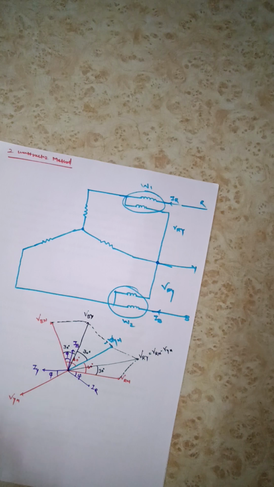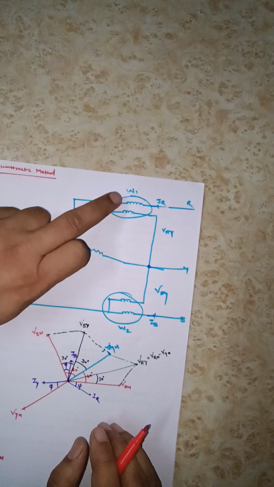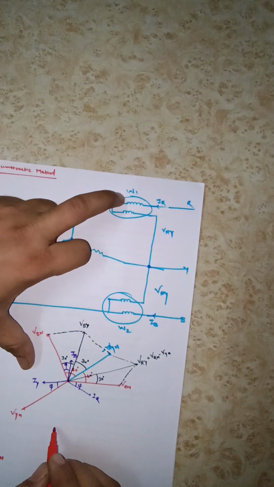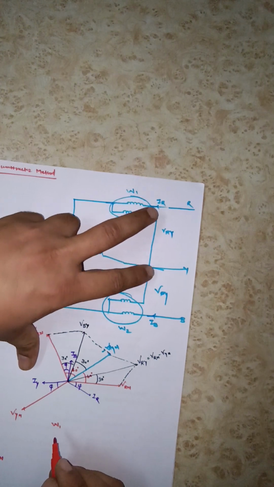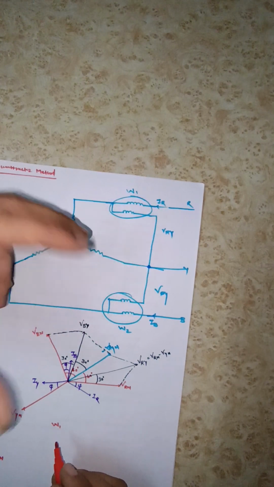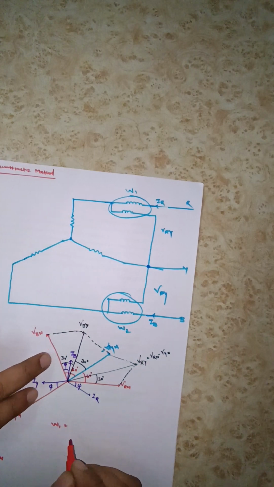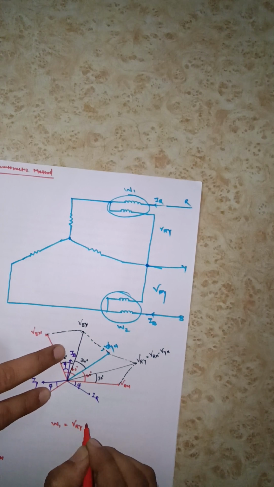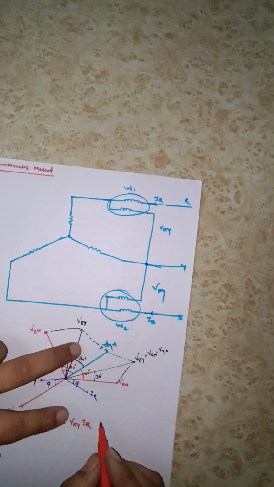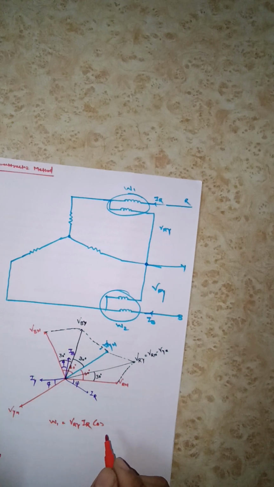Okay, now come back to the circuit. First of all, this W1 is reading current IR and voltage VRY, and obviously the phase angle between these two, so VI cos phi. So W1 will read VRY IR cos. What is the angle between VRY and IR?